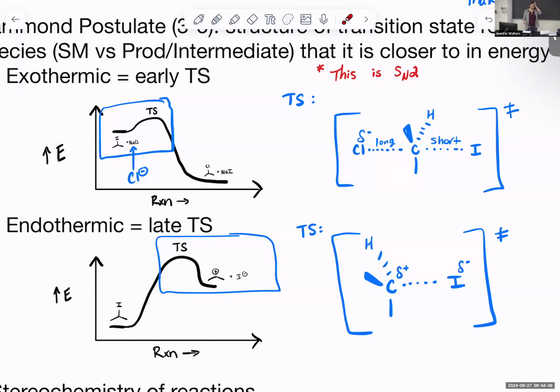Do you think that carbon-iodine bond is long or short? Ask yourself, does it exist in the thing you need to look like? Does that carbon-iodine bond exist in the products? No. So is it going to be long or short? Long, because it doesn't exist.